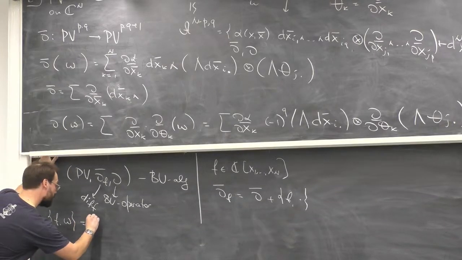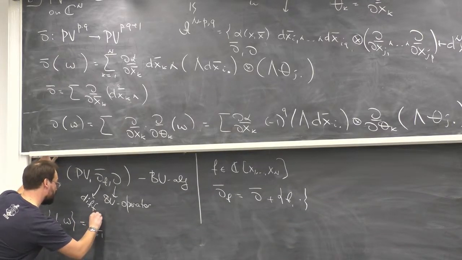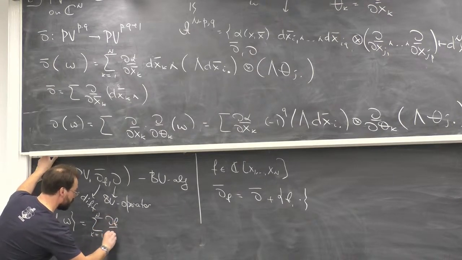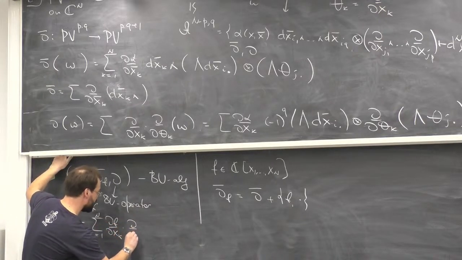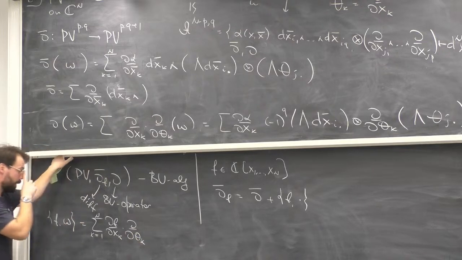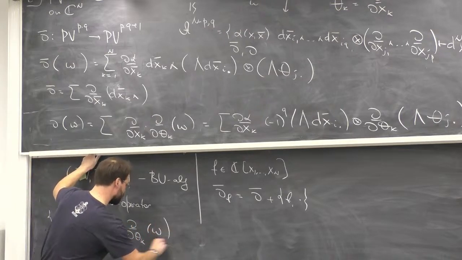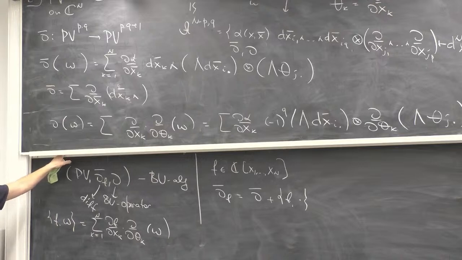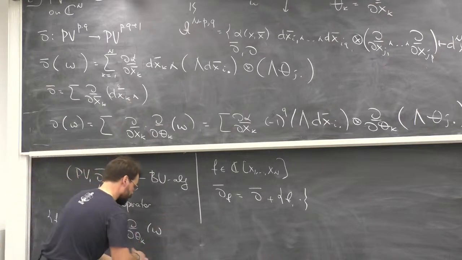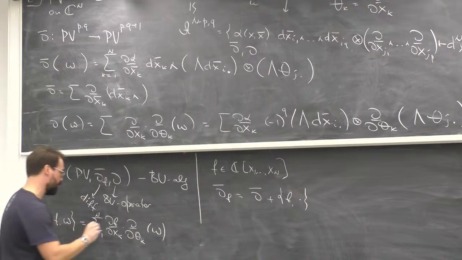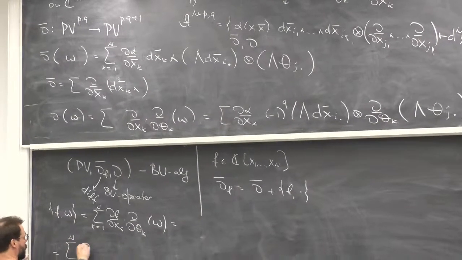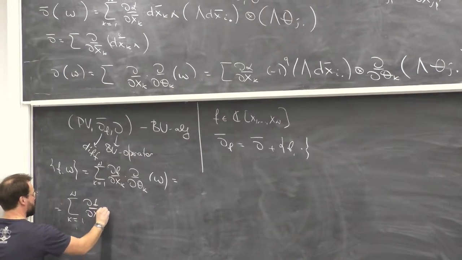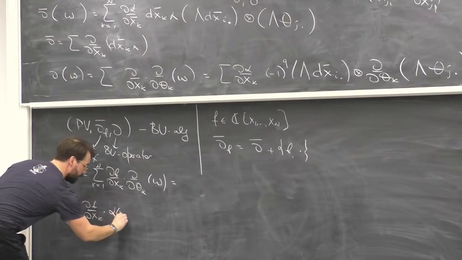So then this is a sum from k to n multiplied by the derivative of f. Take d by dtk, and all this to alpha, t to k. So in particular, that means that this is now equal to the sum over k from 1 to n of df dxk multiplied by alpha x bar.